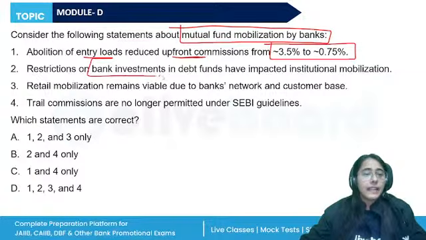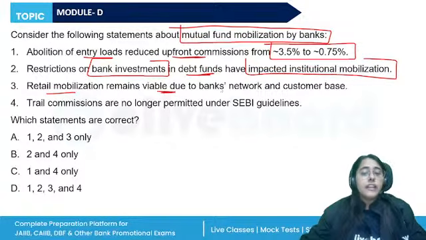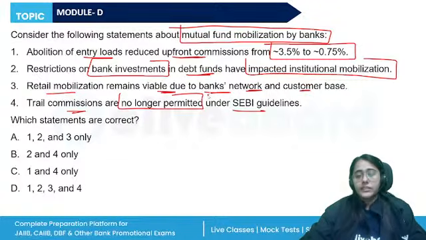Restrictions on bank investment in debt funds have impacted the institutional mobilization. Retail mobilization remains viable due to the bank's network and the customer base. Trail commissions are no longer permitted under the SEBI regulations.